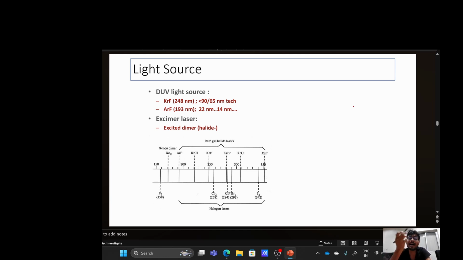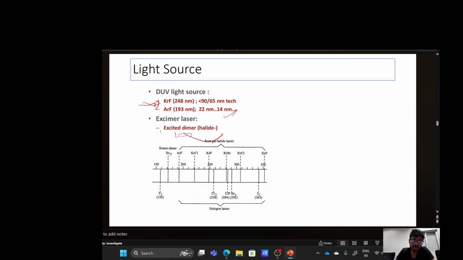Deep UV sources use krypton with a halogen source, halides. These are excited dimers, the excimer lasers. They can deliver high power, and for the lower wavelengths these excimer lasers are used.